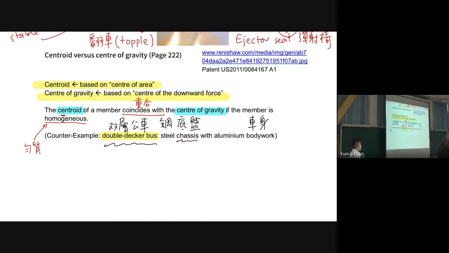Although we talk about center of gravity, they are the same thing if the member is homogeneous.